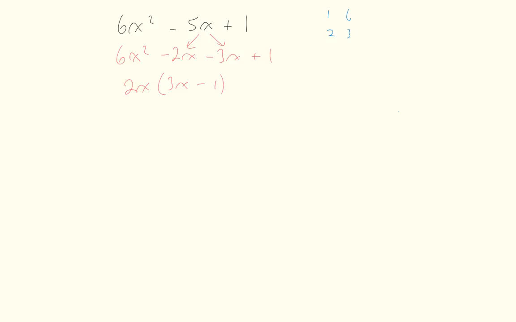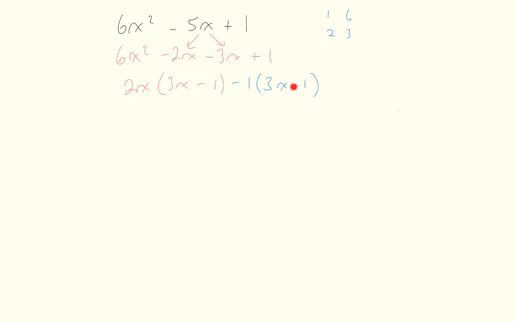And now here I have an interesting thing. I got this minus 3x plus 1. There's no common factor here, but because there's a minus here, I think I'm going to factor out that minus, and I might even call it a minus 1 instead. So if I'm careful and factor out a negative from a plus 1, I'm left with a minus 1.